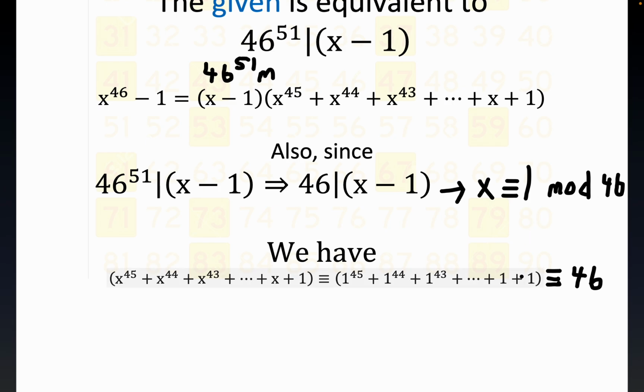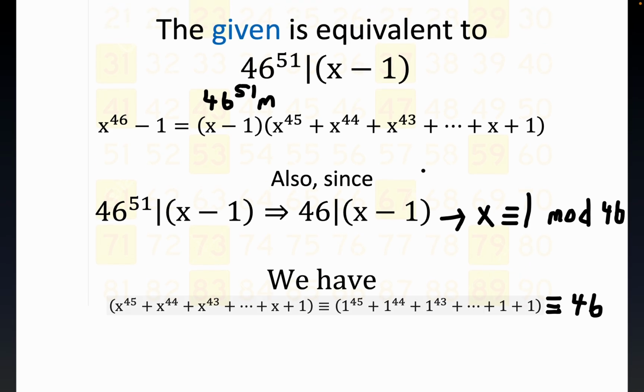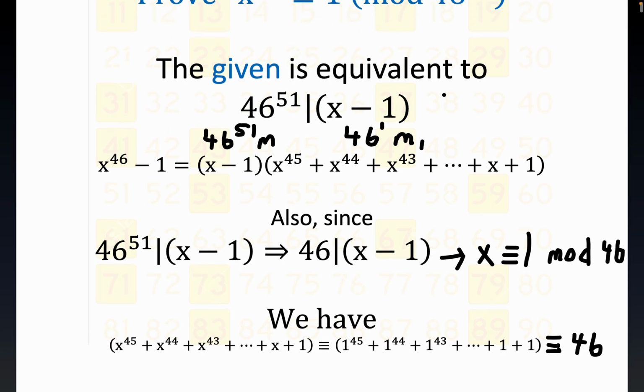So that means that we can rewrite this part as 46 to the first, and we'll call it m sub 1. So you see how we got what we wanted right here?